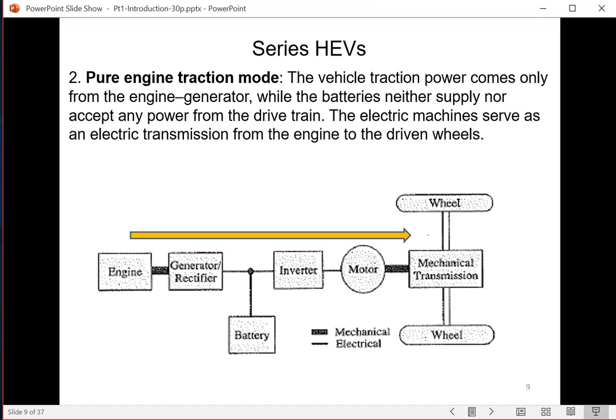Nowadays they are typically produced in the form of computer software, so they're all controlled by a computer or several computers. But that's another topic for discussion later on. But that's the second mode, the pure engine traction mode.